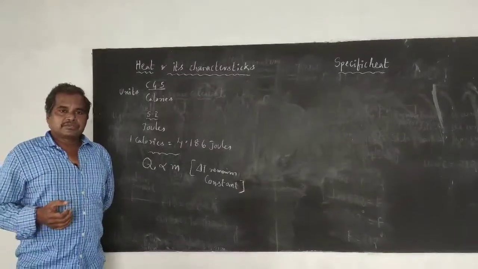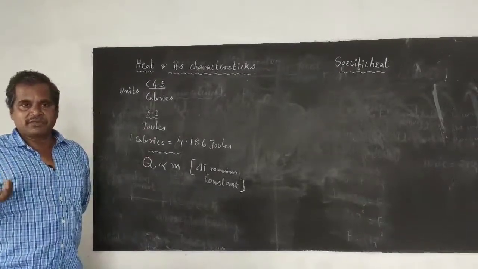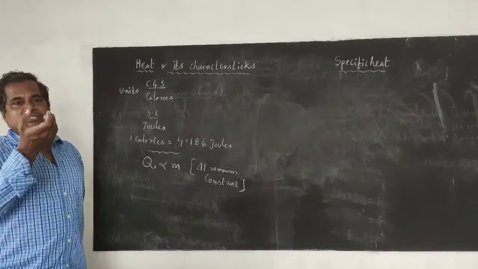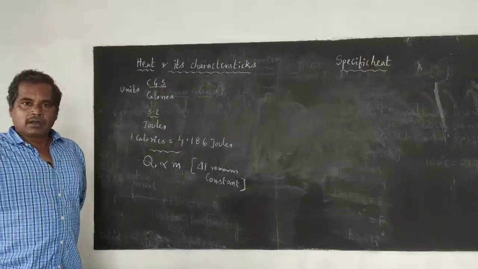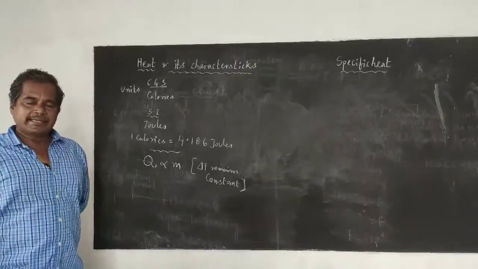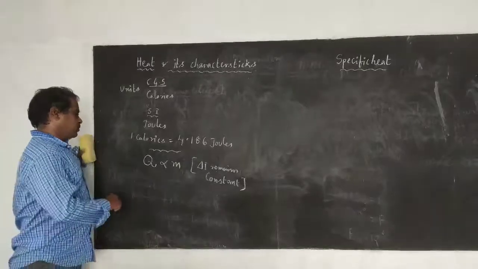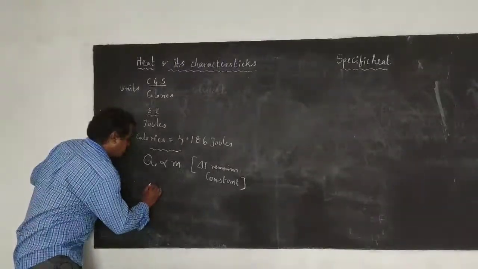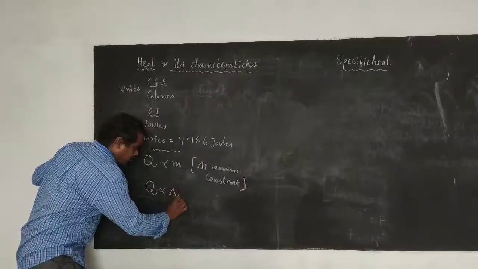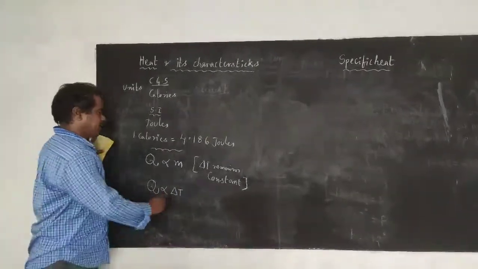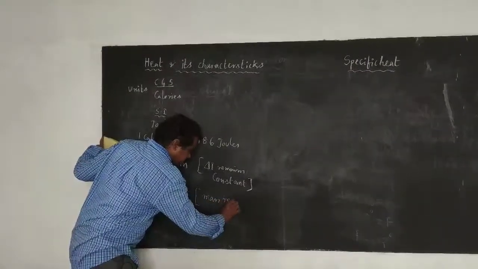Here we got one observation: if we increase the heat energy supplied to the beaker, the temperature of the water also increases. Here mass remains constant. So from this observation we can say Q is directly proportional to delta T, where mass remains constant.